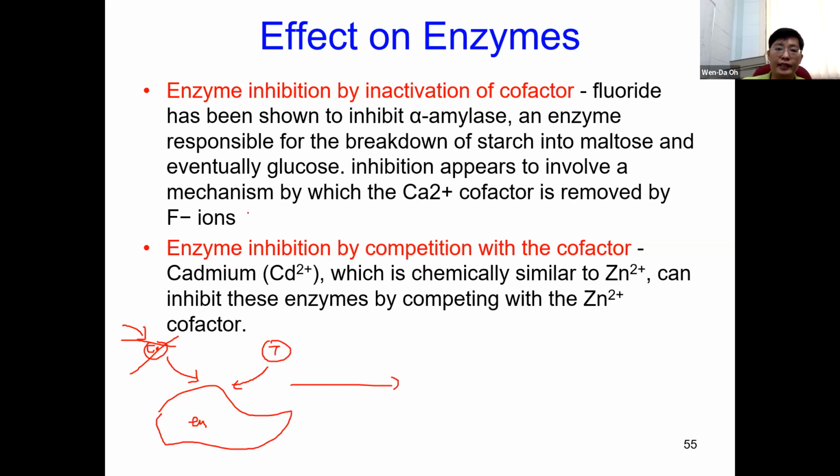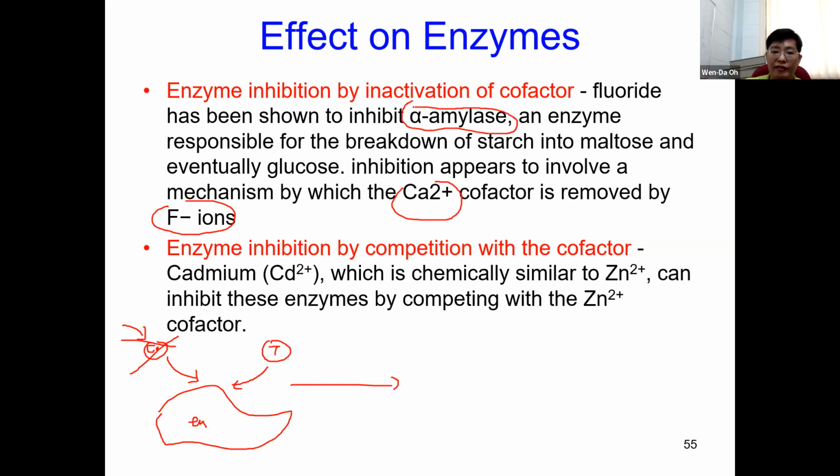For this case, inactivation of cofactor, one example you can see is that the calcium cofactor can be removed by fluorine ion. So if you have a fluorine ion in your saliva, this fluorine ion can actually remove the calcium, and then it affects the amylase.